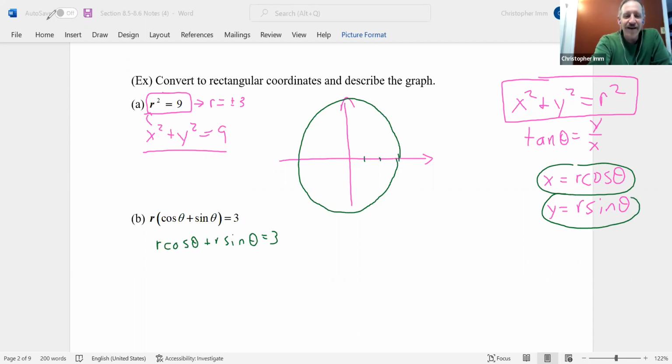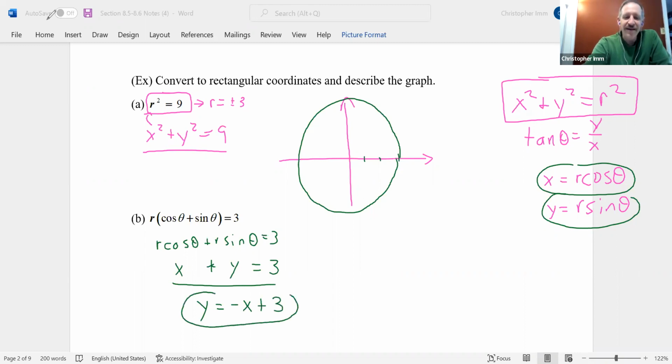So r cosine theta is x, r sine theta is y. So that turns over to a Cartesian coordinate equation really easily. And in fact, I can solve that in terms of a function. So this one's just going to be y is equal to negative x plus 3.